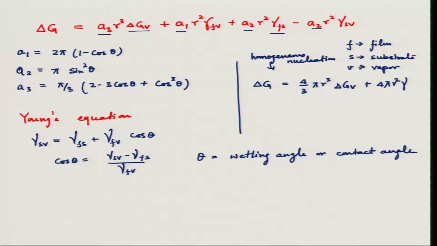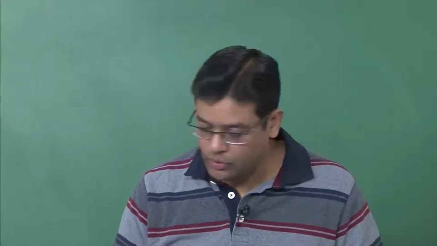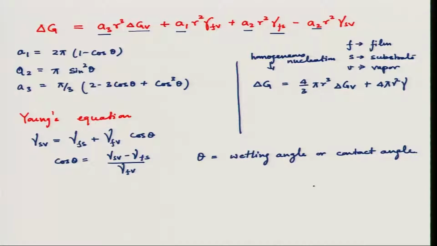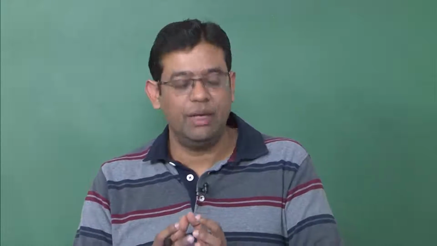Now since there is a change in free energy, for the nucleus to be stable, this change in free energy with respect to the size of the nucleus should be 0. We know that as this nucleus is forming, because of its energy, it may also dissolve and go back. So what is the minimum energy requirement for it to be stable?